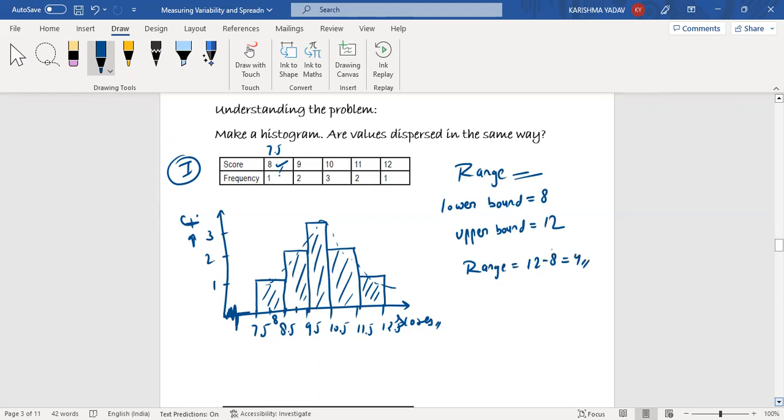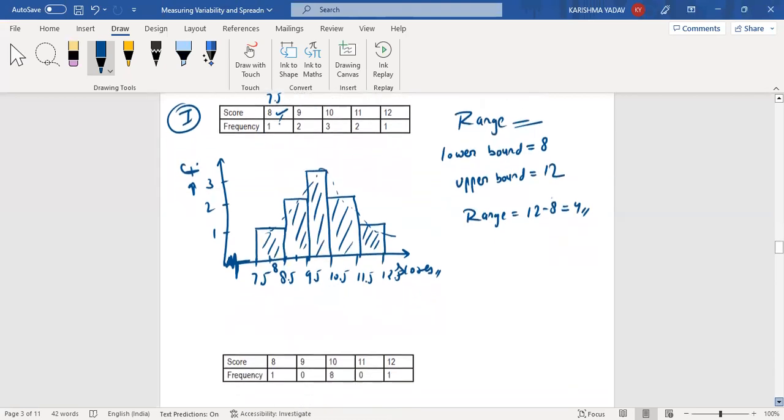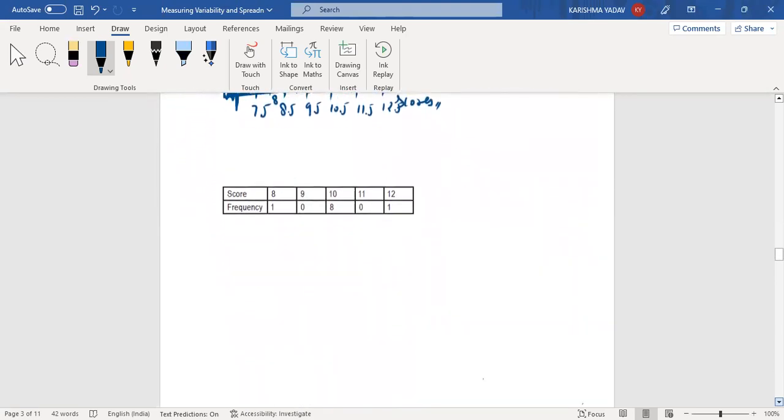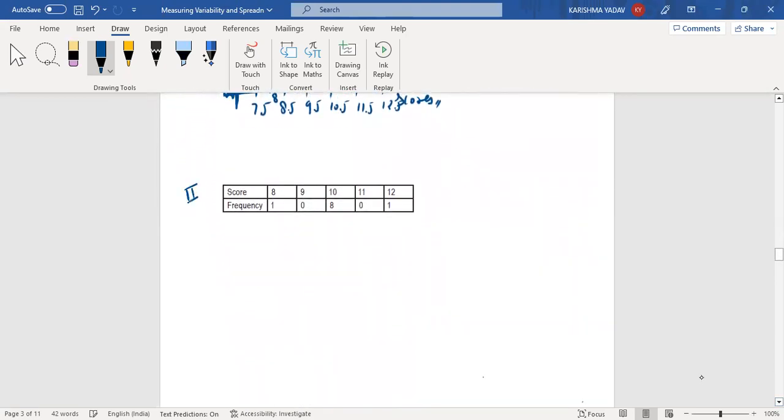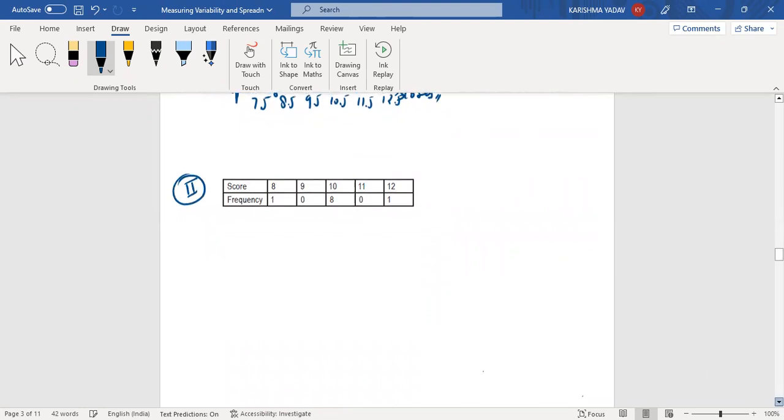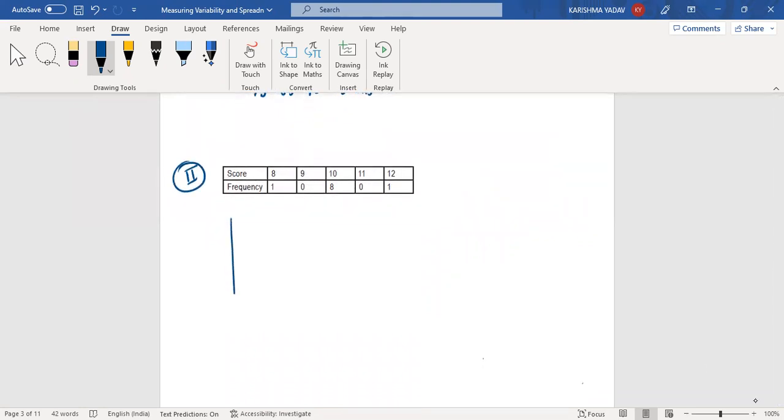Now let's see which is the other score that we have. This is my second score. Similarly, let's draw a histogram for this one and try to calculate its range.